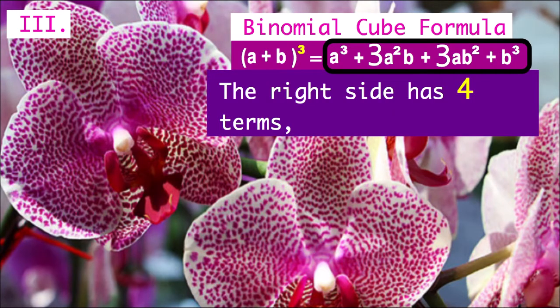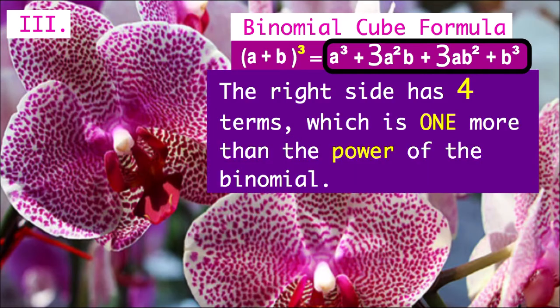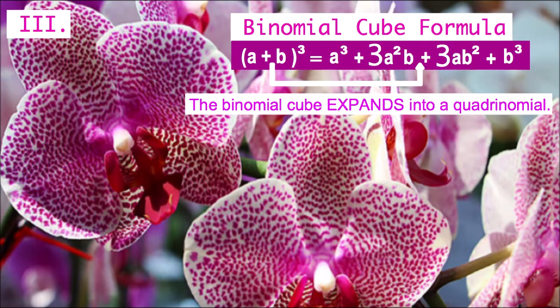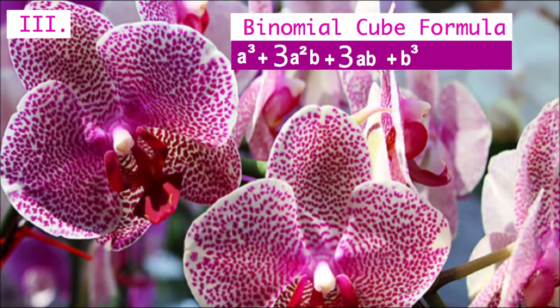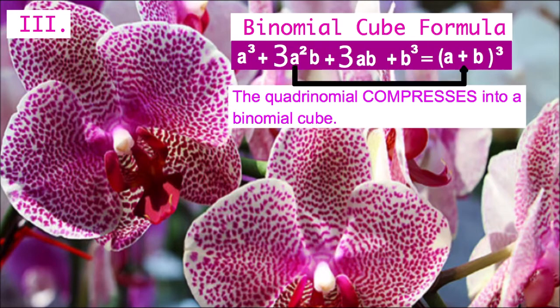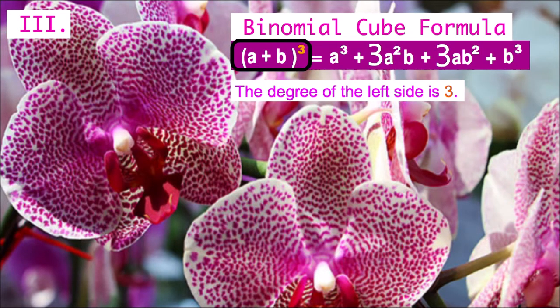The right side has 4 terms, which is 1 more than the power of the binomial. The binomial cube expands into a quadrinomial, and this quadrinomial compresses back into a binomial cube.